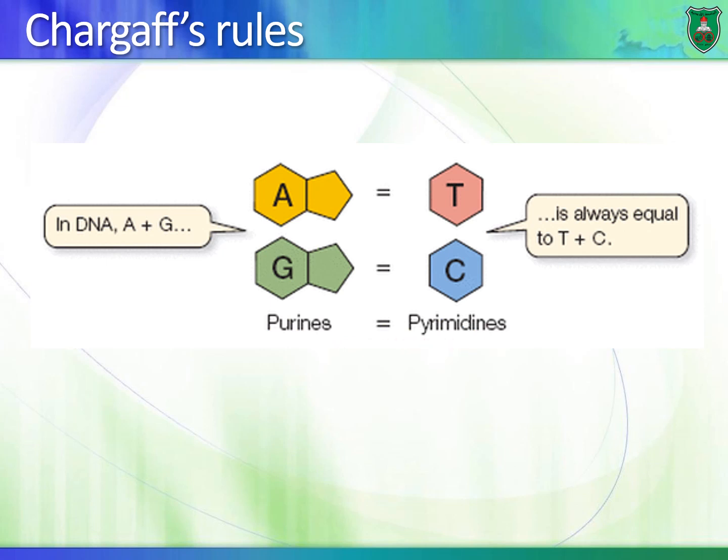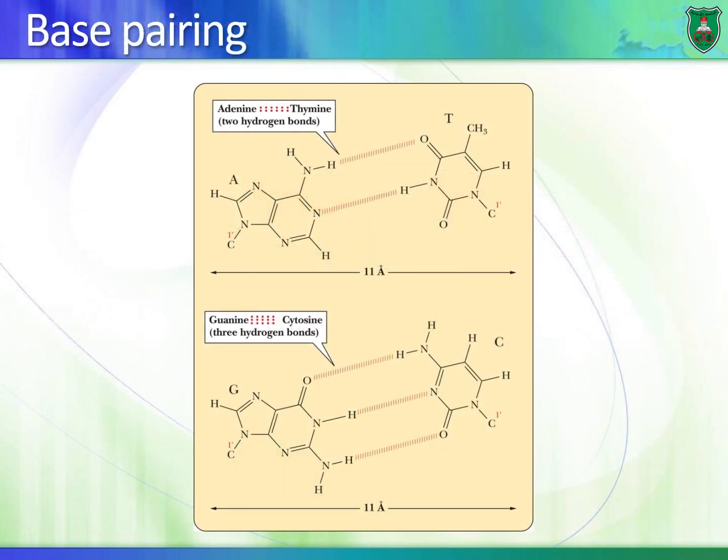So based on this information, Watson and Crick came up with their model for DNA structure. Something else about DNA structure is that these two strands are linked to each other via hydrogen bonding between the bases.